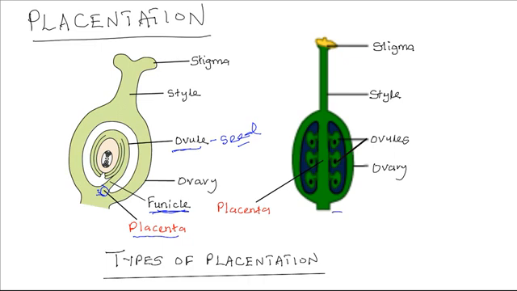In this second tab here, we have an ovary that has several ovules and they're all attached to the placenta. That is the placenta. So the way the ovules or the seeds are arranged and attached to the placenta is what is referred to as a placentation.